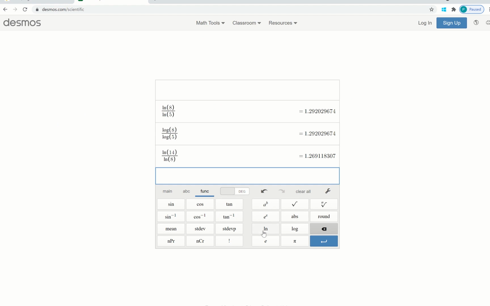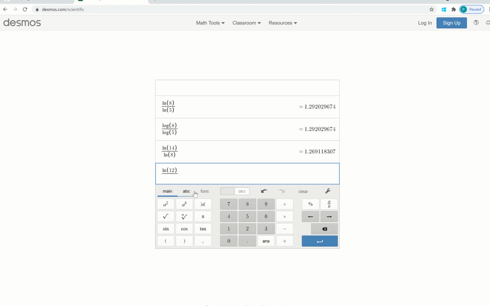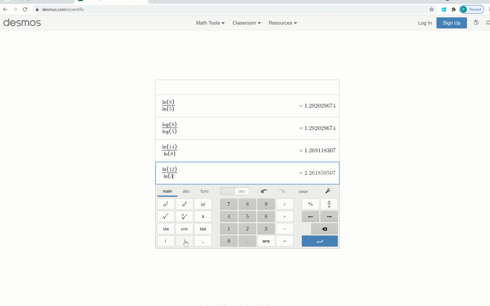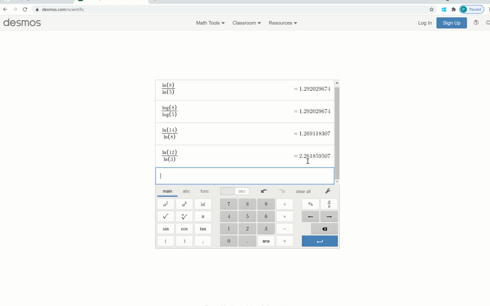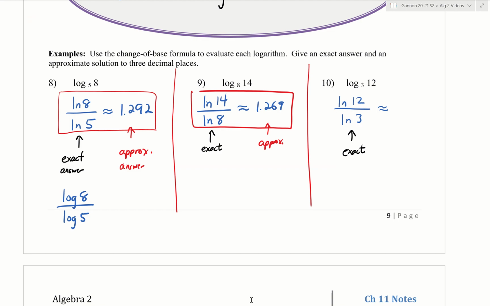So we've got natural log of 12 divided by natural log of 3, 2.26, and then this 1 is going to round up because of the 8, so we're going to call that 2.262.